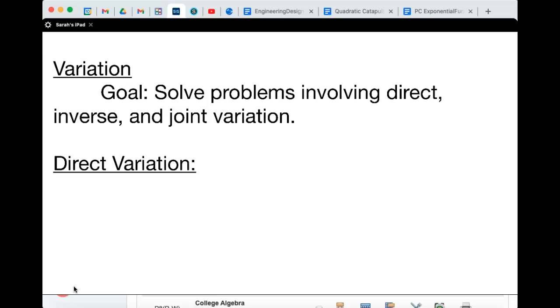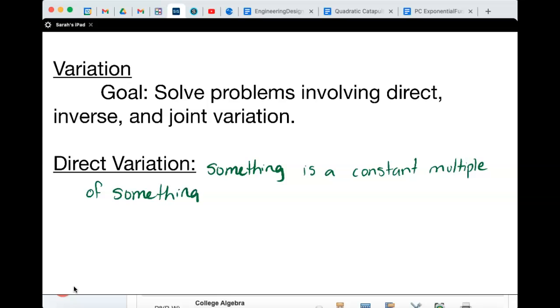So direct variation is basically, I'm going to say something, because it could differ with every problem, story problem, a constant multiple of something else. So what does this constant multiple actually mean?